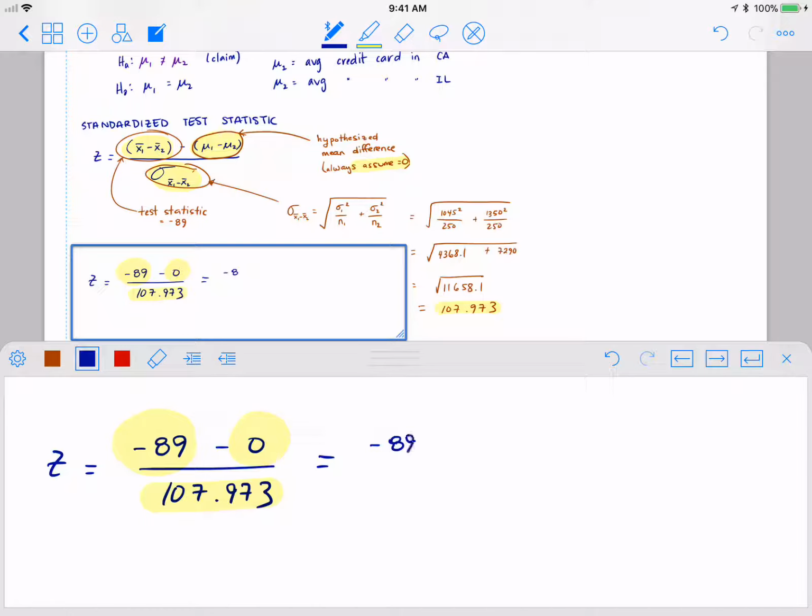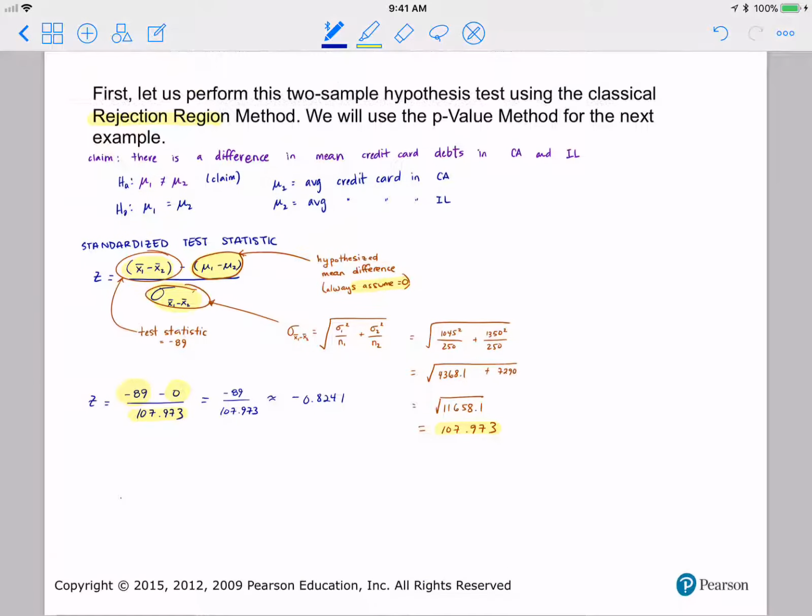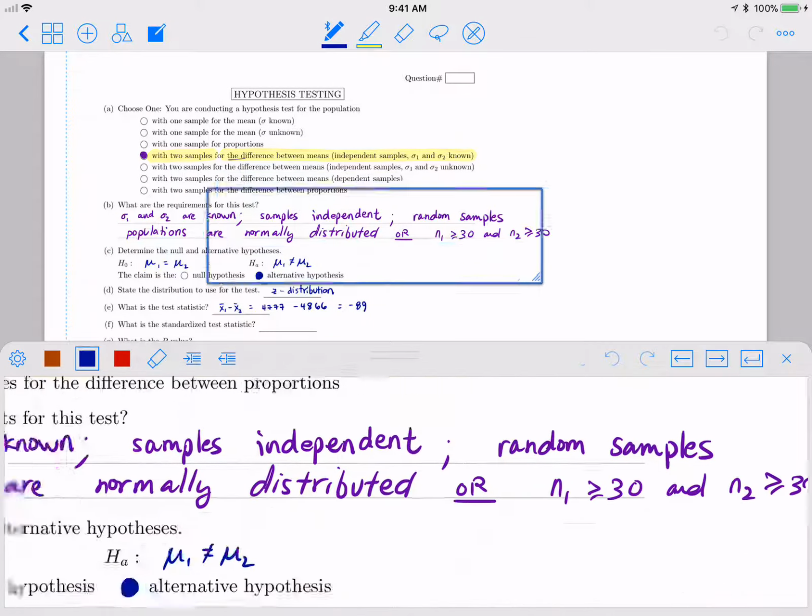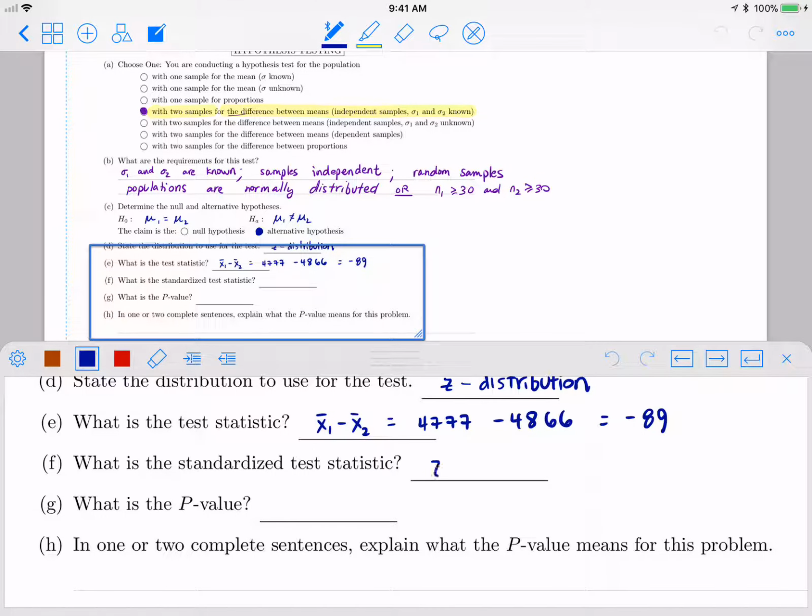Okay, so now this is equal to negative 89 divided by 107.973, and this is approximately negative 0.8241. So this is going to be our test statistic, our standardized test statistic. Z equals negative 0.8241.